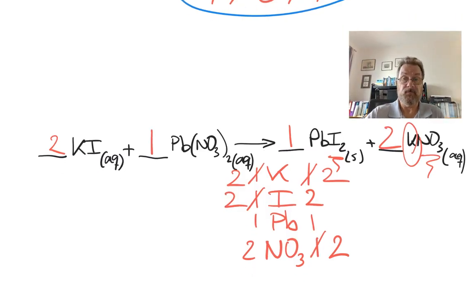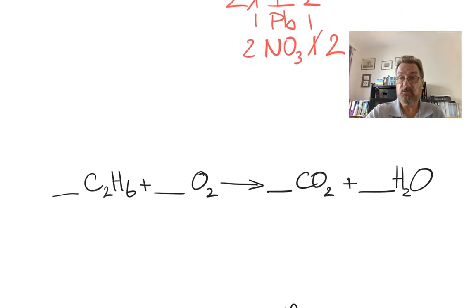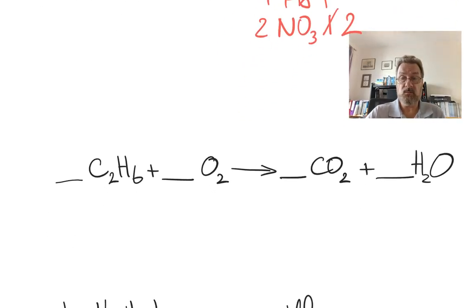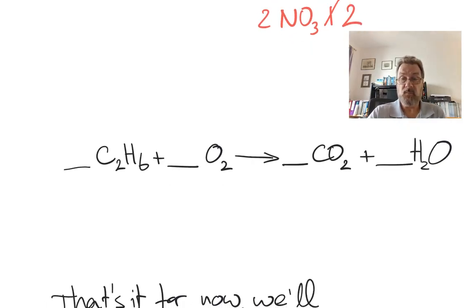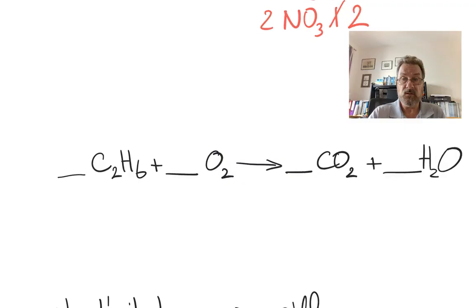Okay, one more. This one throws in an extra little problem, in that mathematically it becomes a little bit more interesting. There we go, that's better. So if I treat this the same way as I did the methane combustion, let's assume we start off with 1 of these.